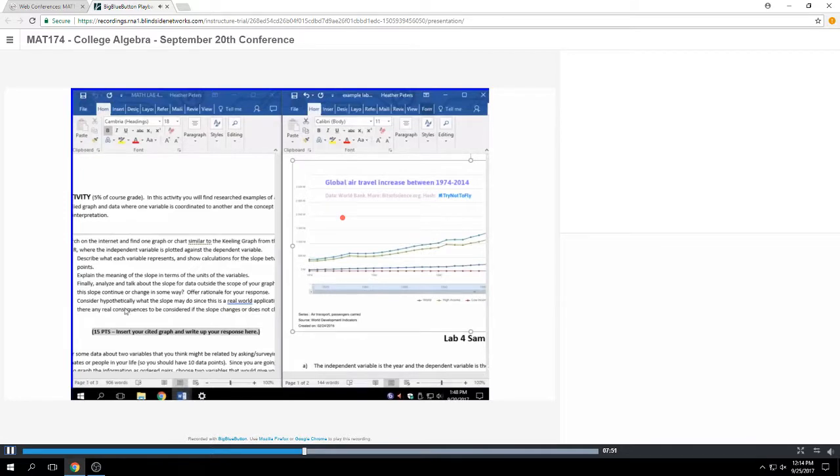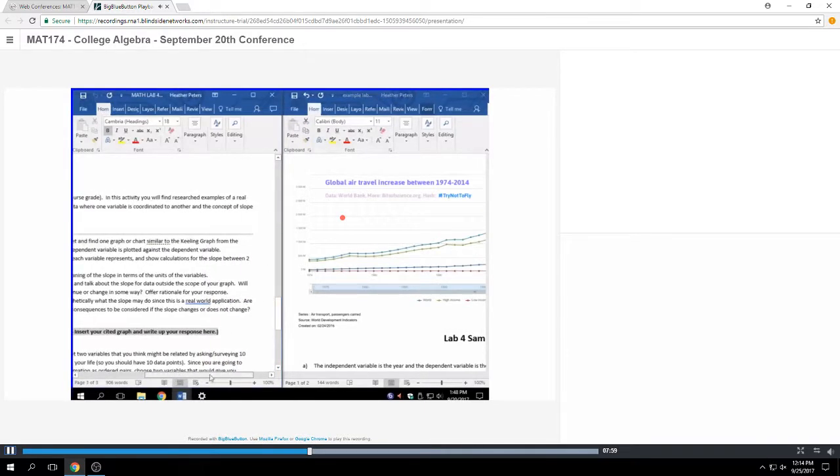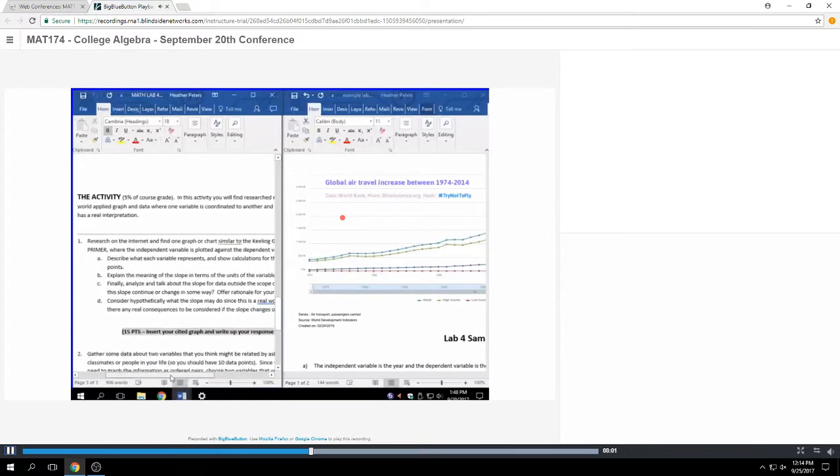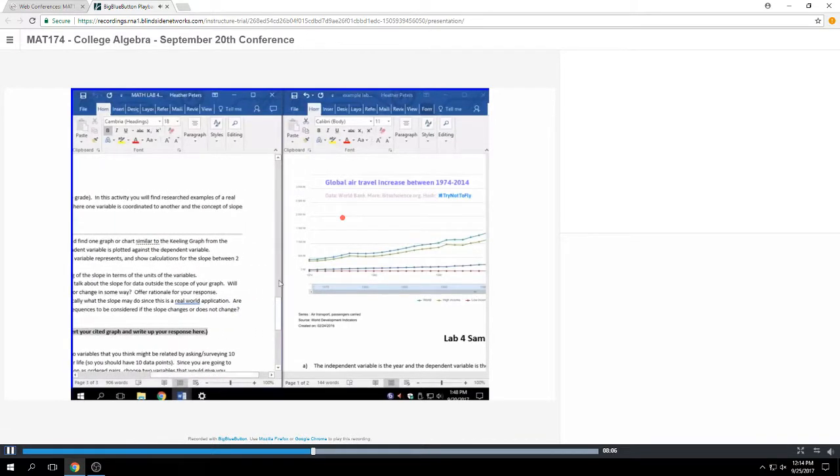Then for the last question on the first example, it says, consider hypothetically what the slope may do since this is a real world application. Are there any real consequences to be considered if the slope changes or does not change? If the slope were to continue rising by 76.25 million passengers per year, what would the implications be?